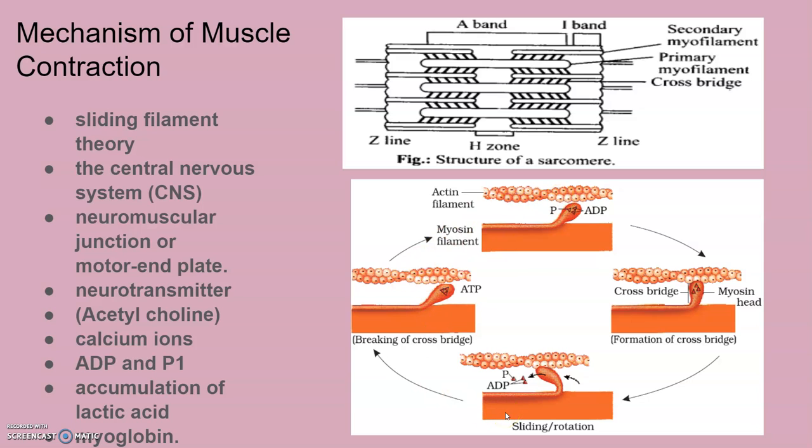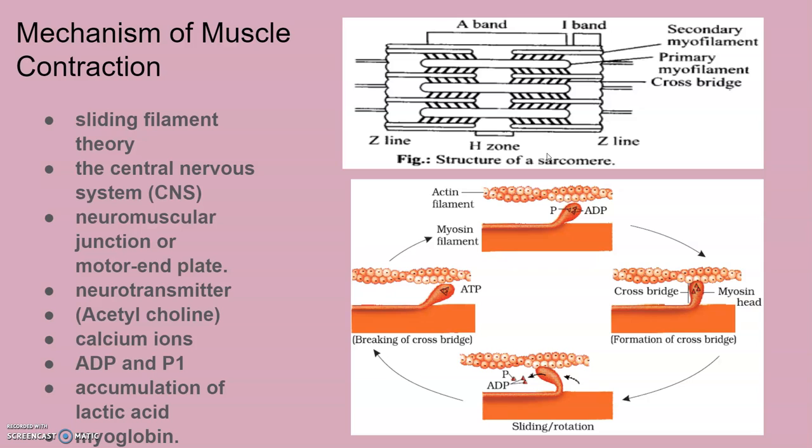A new ATP binds and the cross bridge is broken. The ATP is again hydrolyzed by the myosin head, and the cycle of cross bridge formation and breakage is repeated, causing further sliding.